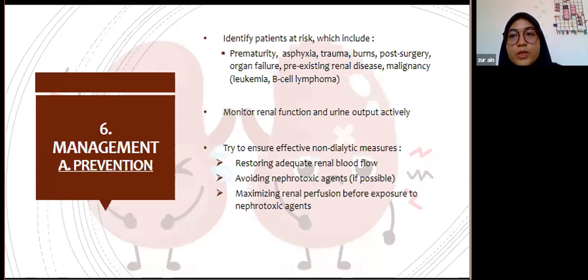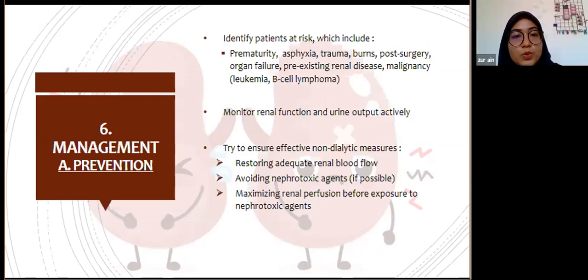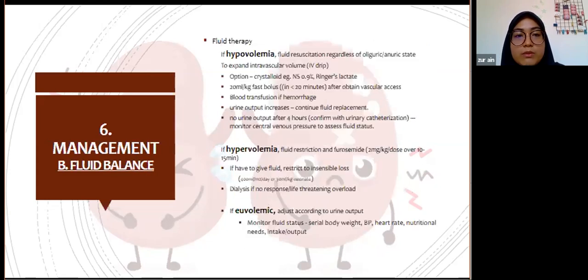We will actively monitor these patients at risk, monitoring their renal function and urine output, so that we can ensure any non-diuretic measure that is effective to restore renal blood flow, avoid any agents that can be toxic to the kidney, as well as maximize renal perfusion before any exposure to the toxin itself. Okay, so that is prevention.